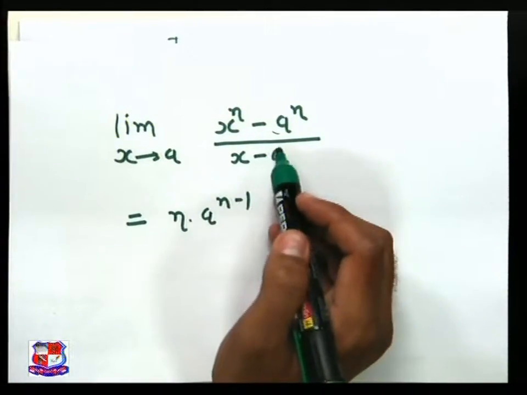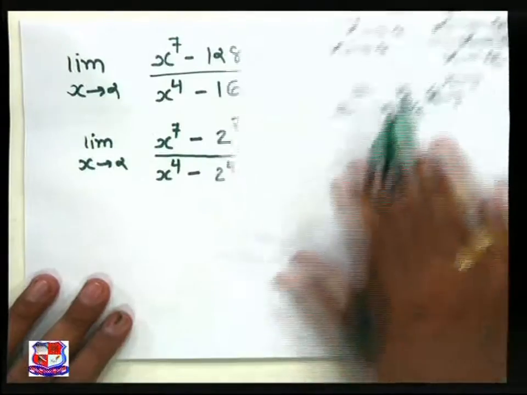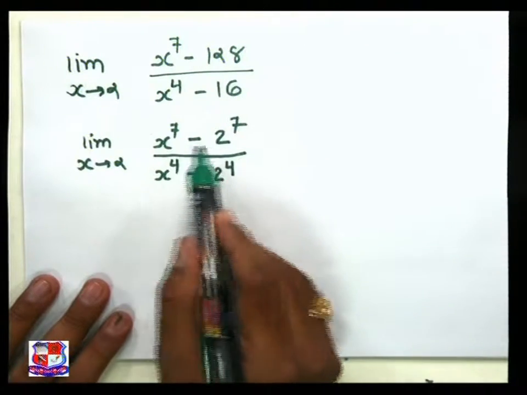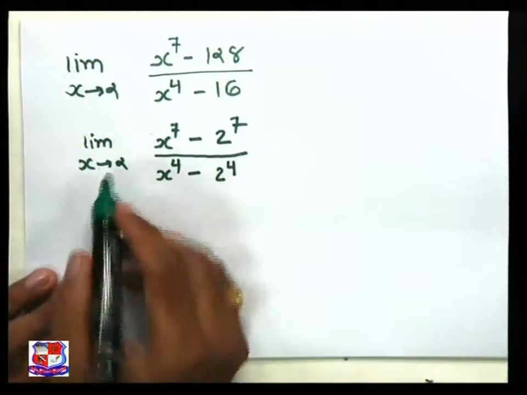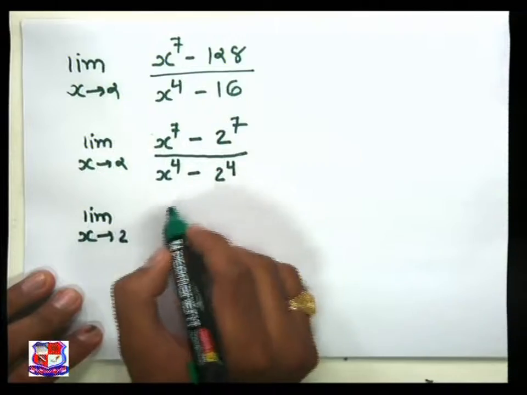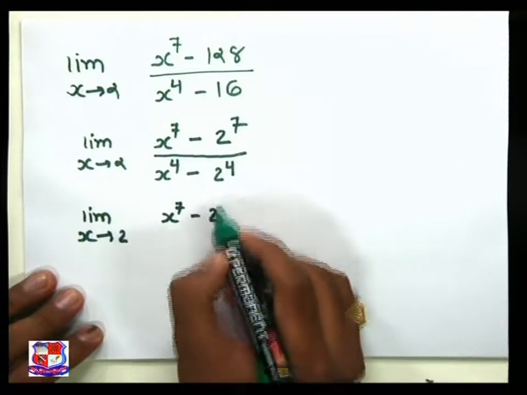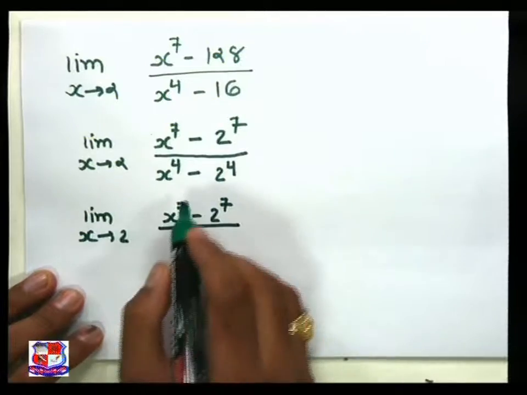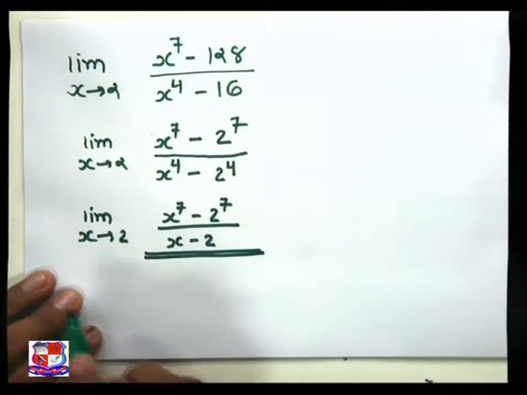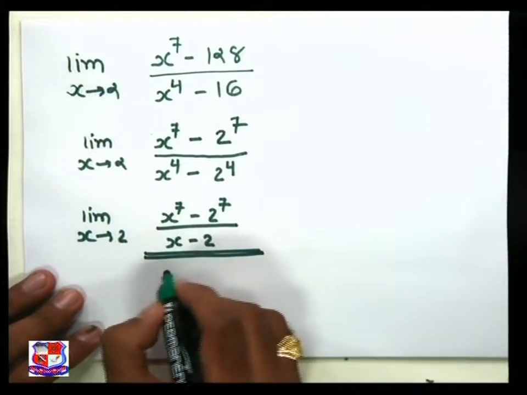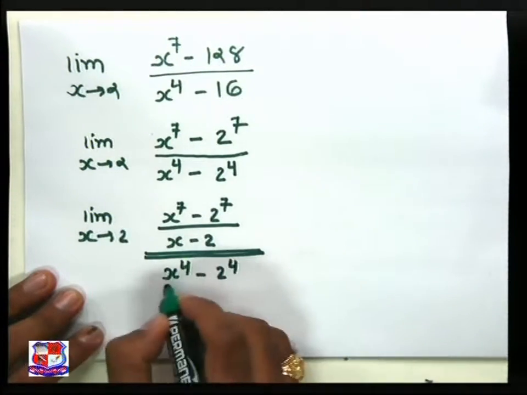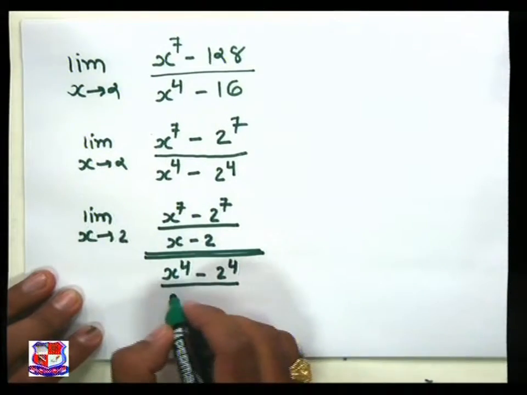We require the term without power in the denominator, but here there is no such term, so we divide and multiply both terms. So here, limit x tends to 2, x raised to 7 minus 2 raised to 7, divided by x minus 2, all divided by x raised to 4 minus 2 raised to 4, same way divided by x minus 2.